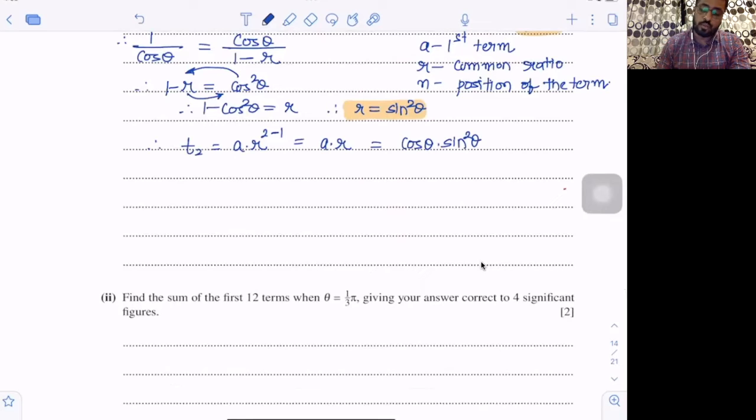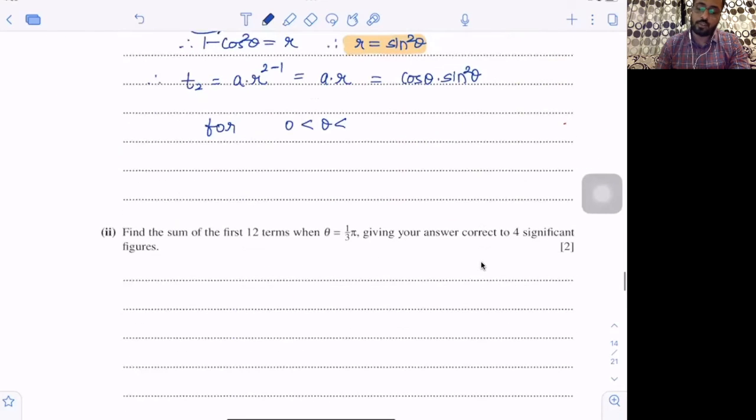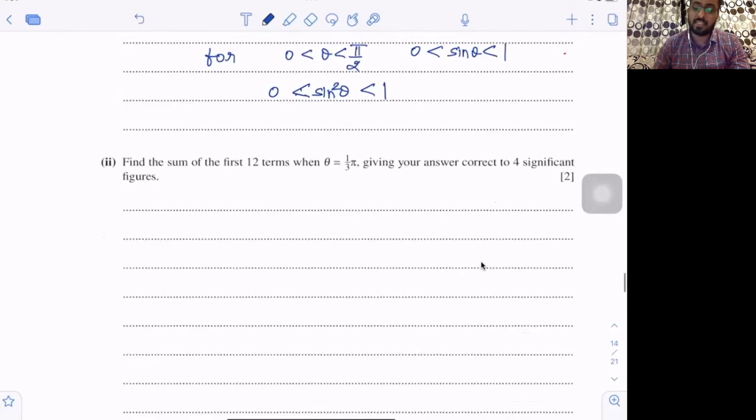Do you know that for theta lying from 0 to pi by 2, sine theta will lie between 0 and 1? Therefore, sine square theta will also lie between 0 and 1. So it basically means that sine square theta is less than 1. Therefore, I can say sine square theta, that is r, is less than 1.